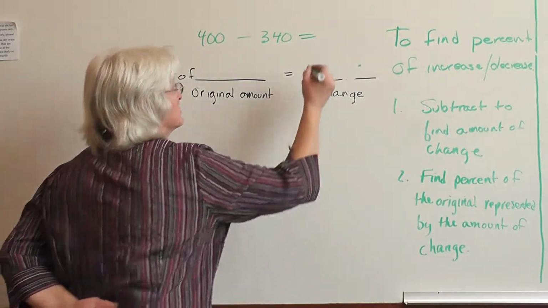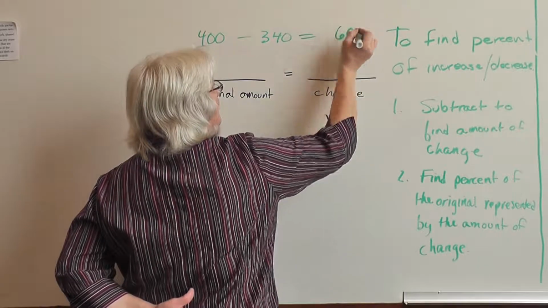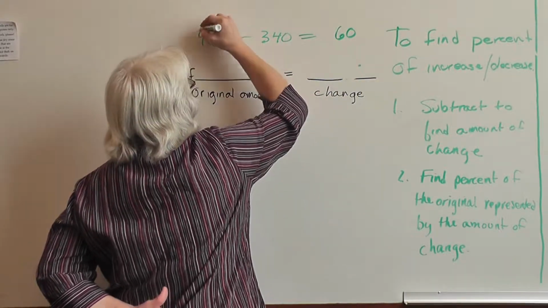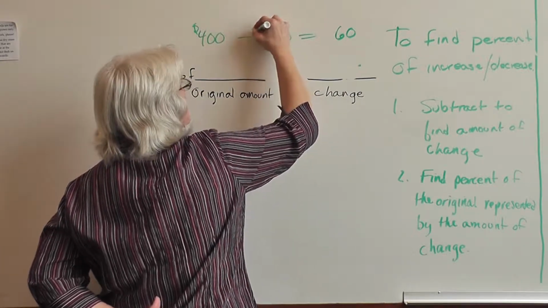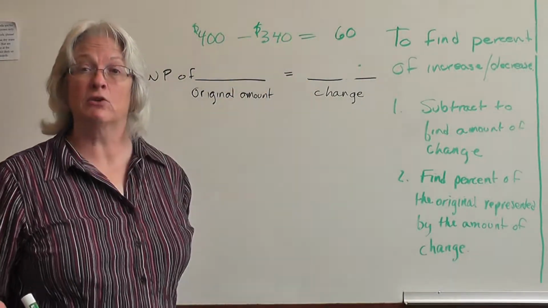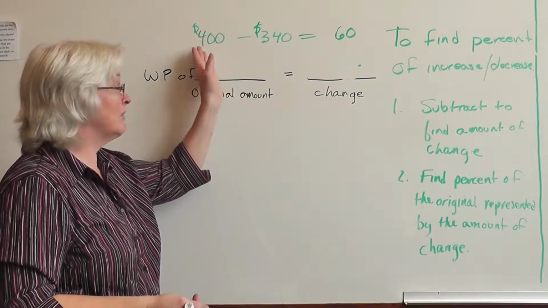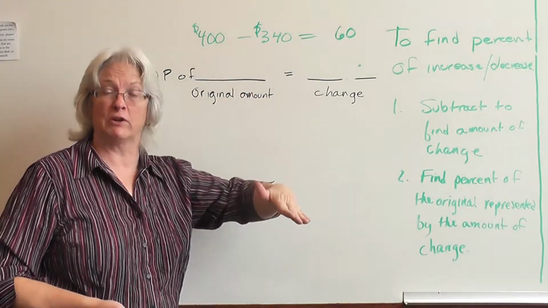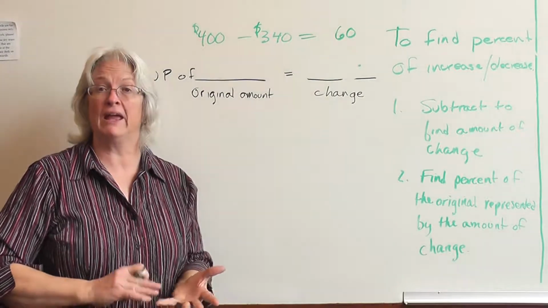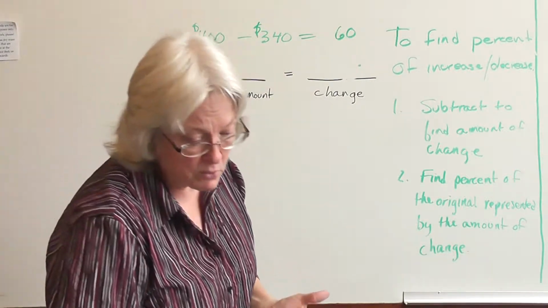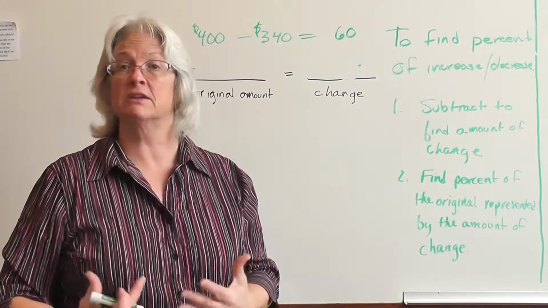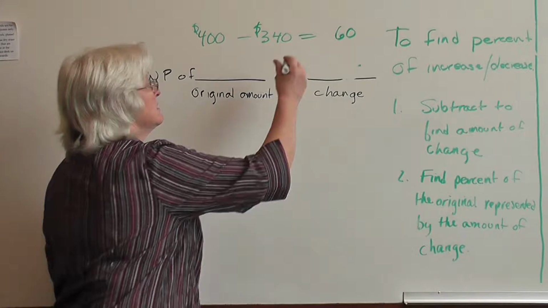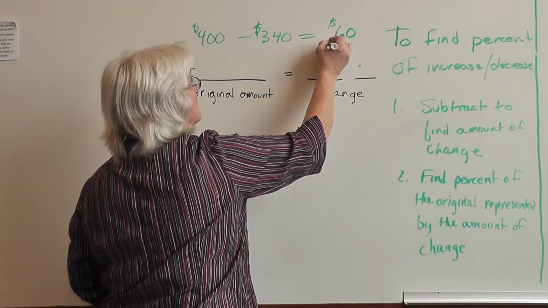Well, that's $60. So we have a $60 change. Now, is that an increase or a decrease? Obviously, if you start with $400 and you end up with $340, you have decreased. So we've already answered part of our question, because it said to indicate if it's an increase or decrease. We already know that we have a $60 decrease.